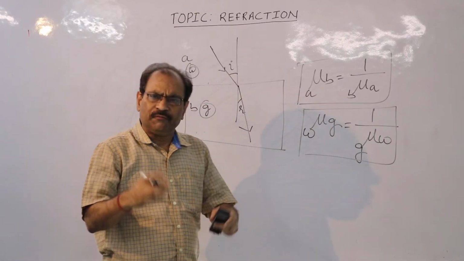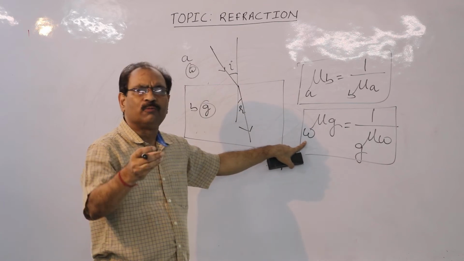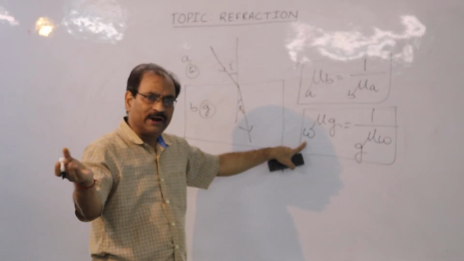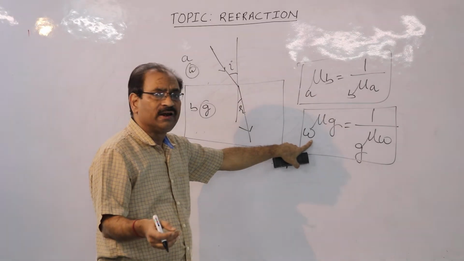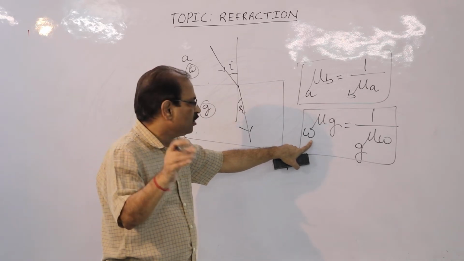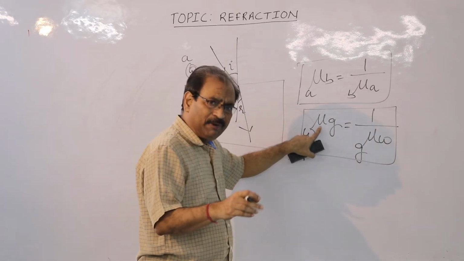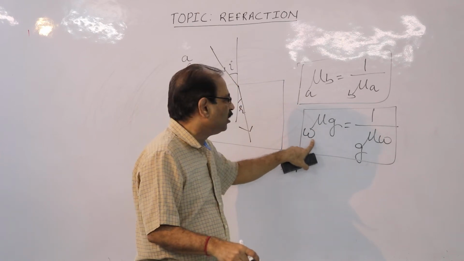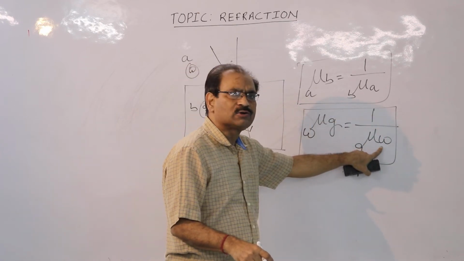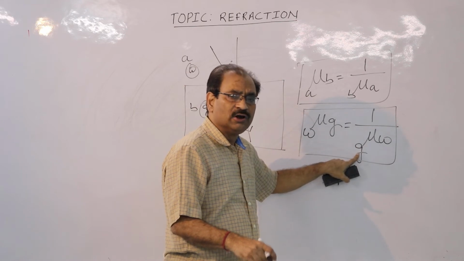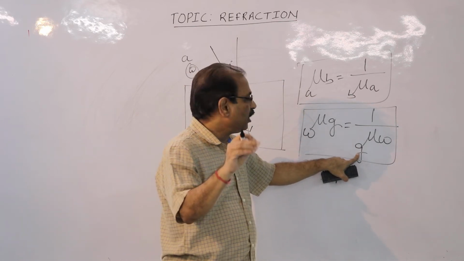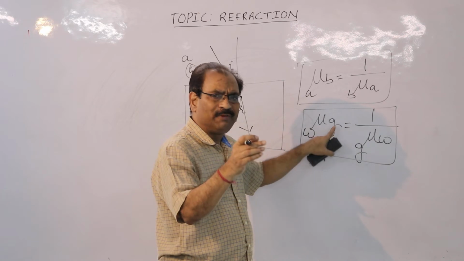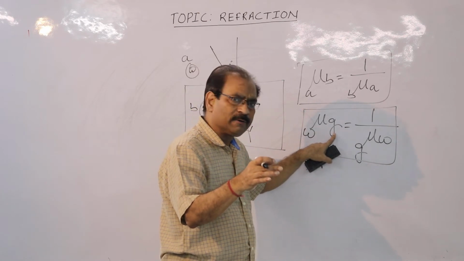I shall be giving you the simple proof in the form of notes on our group. Alright, so try to prove this. This is an important formula in physics. That is, I repeat, the refractive index of glass with respect to water is equal to 1 upon the refractive index of water with respect to glass. You have to be ready. Any numerical can come based upon this formula.